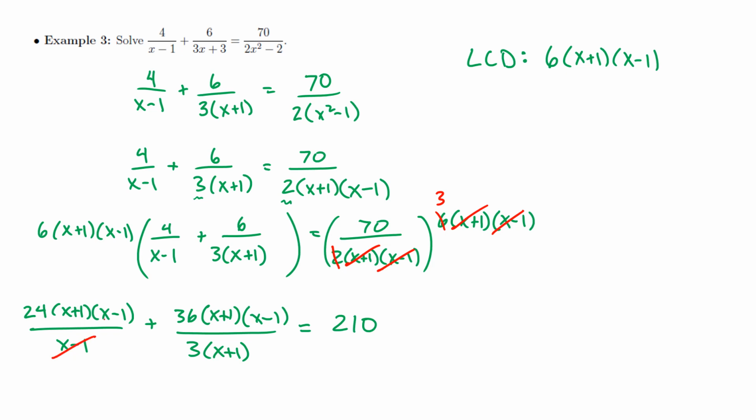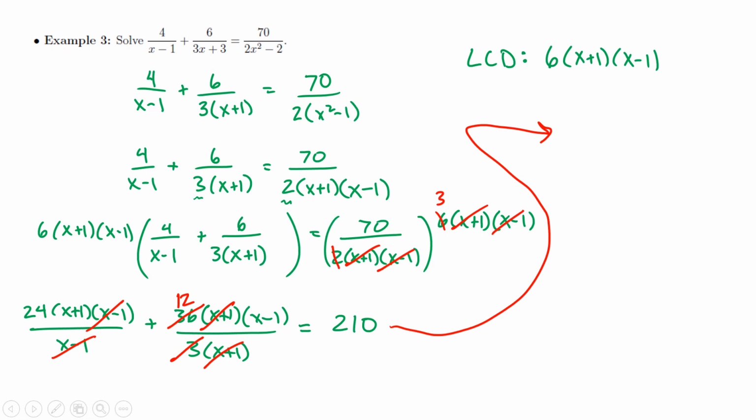So my x minus 1's cancel, my x plus 1's cancel, and 3 goes into 36. So what I'm left with here is 24 times x plus 1 and plus 12 times x minus 1 equals 210.